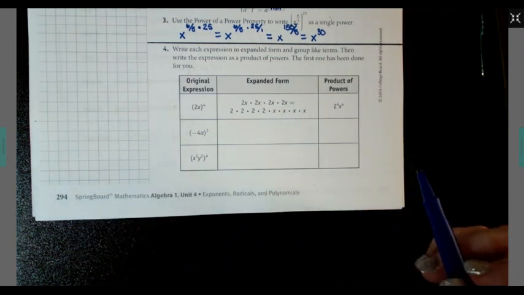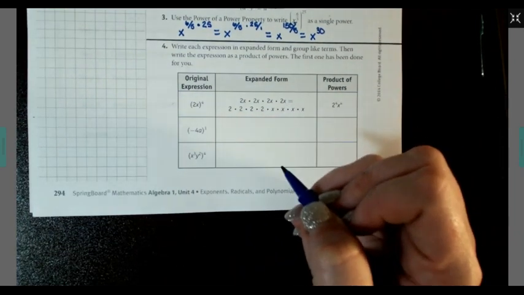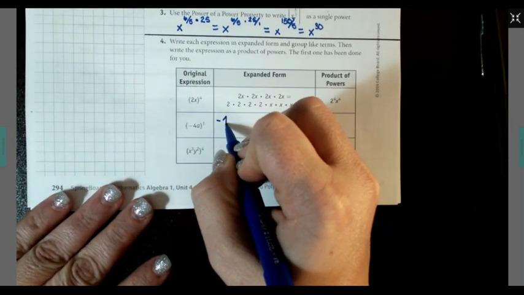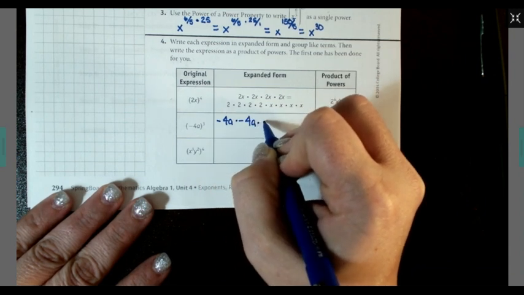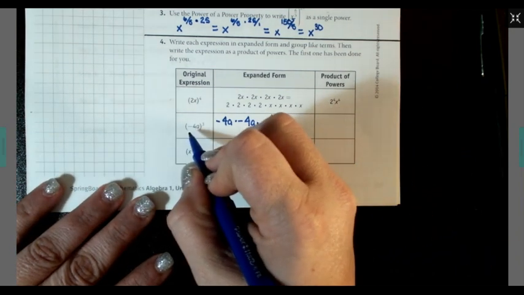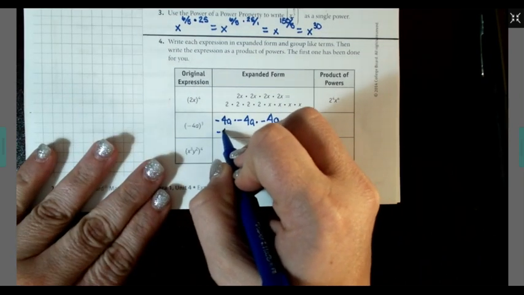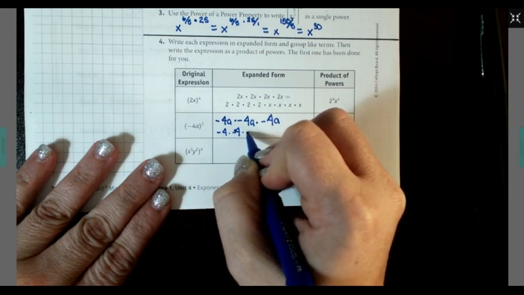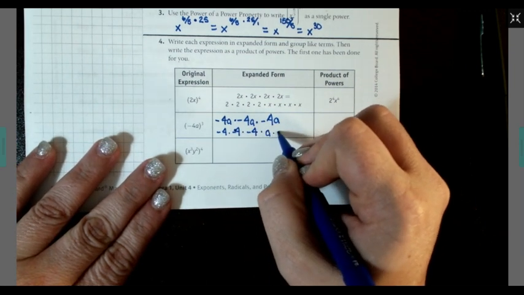Let's take a look at this next one. (-4a) to the third power. So we're going to do -4a times -4a times -4a. Then we're going to break these apart: -4 times -4 times -4, then a, a, a.